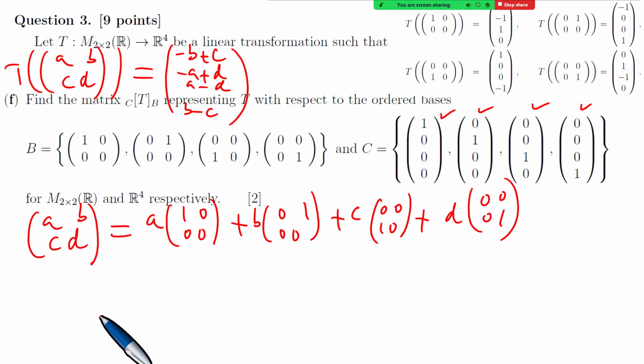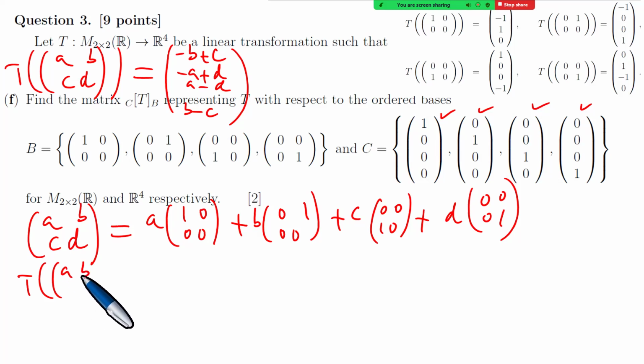But if we're able to write it that way, simultaneously we're able to make certain observations in terms of the image.